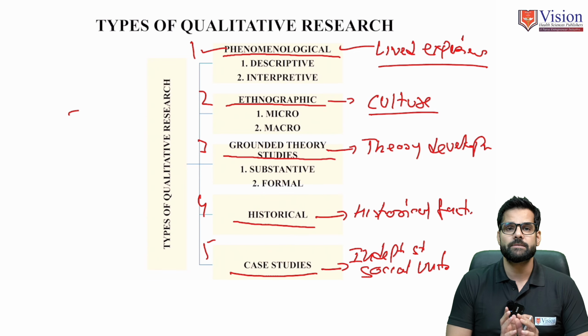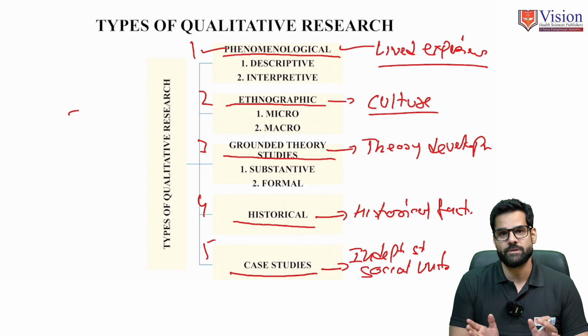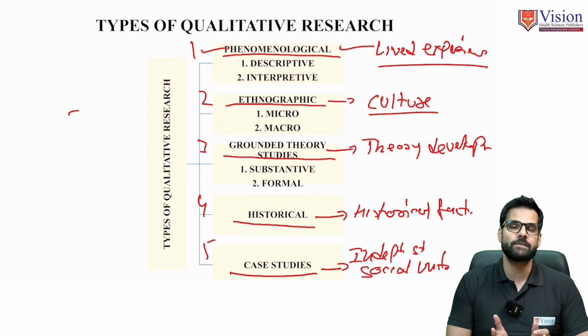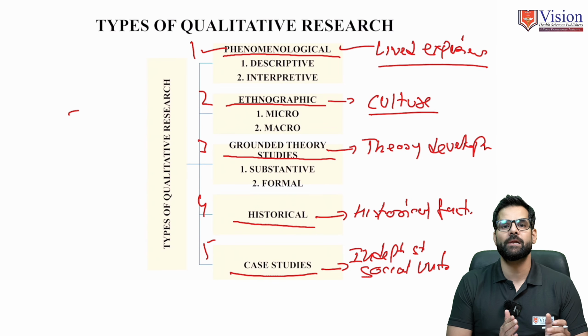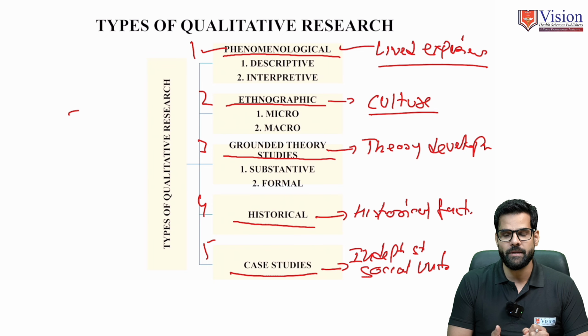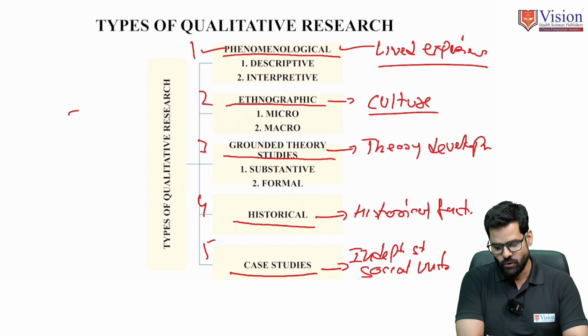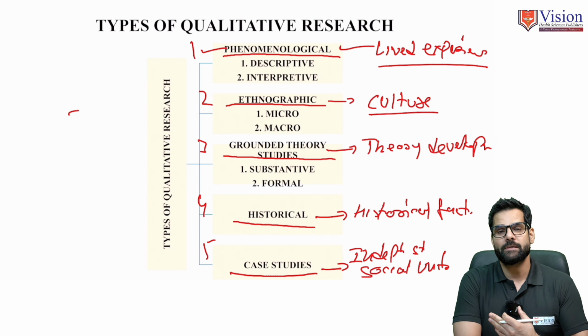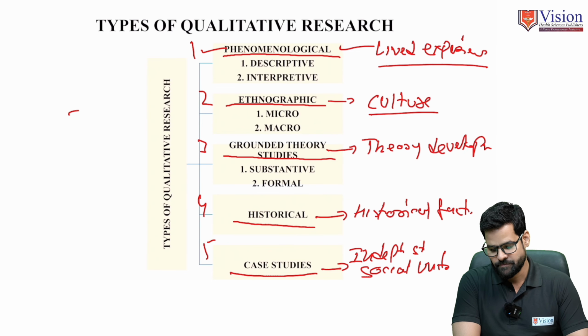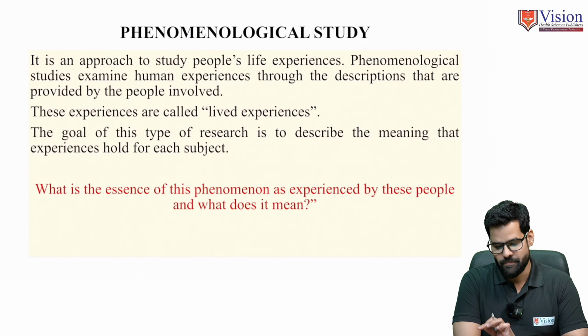Grounded theory, theory development or concept development. Historical research studies historical facts, to relate that with the present and predict the future. Whereas the case study is the in-depth, detailed study of social units. Let's talk about these designs one by one.